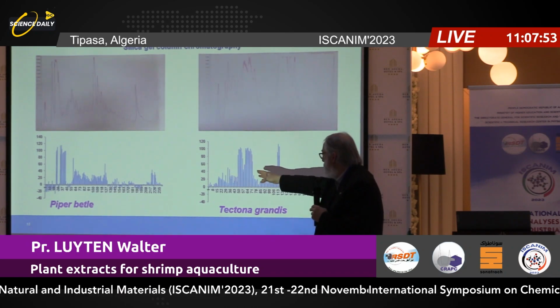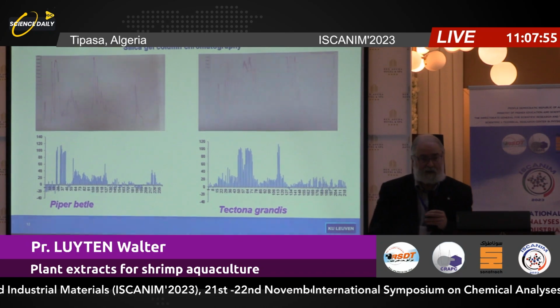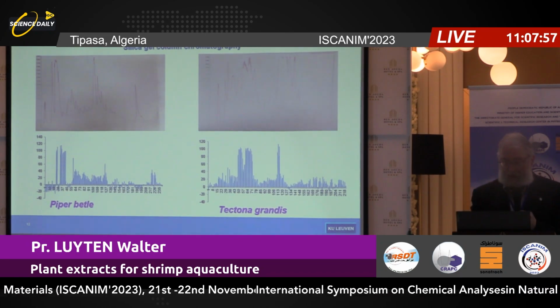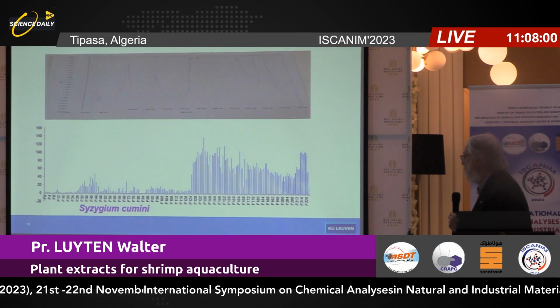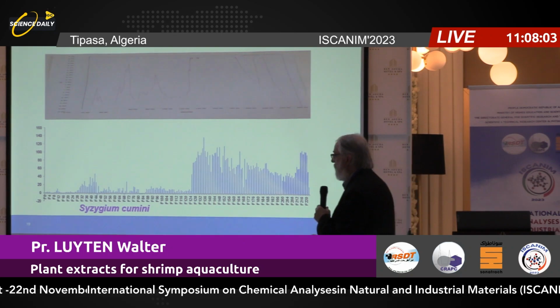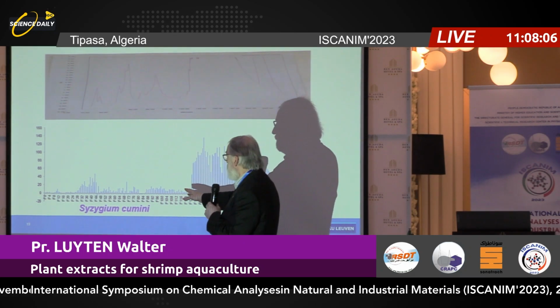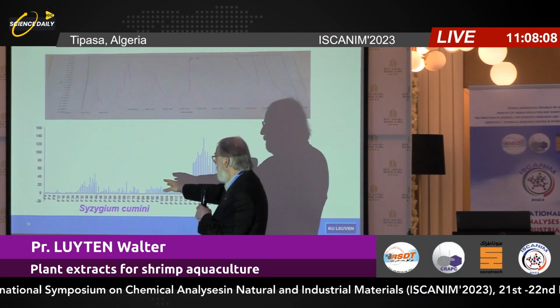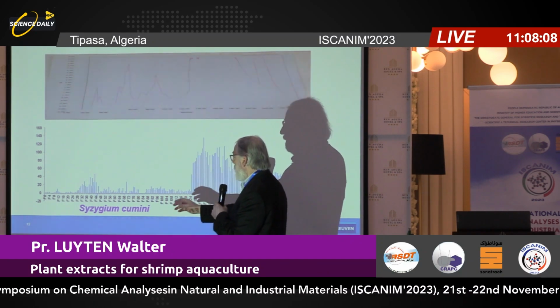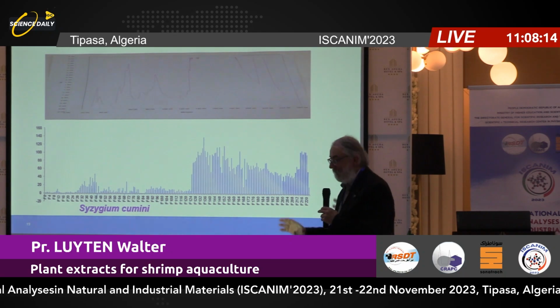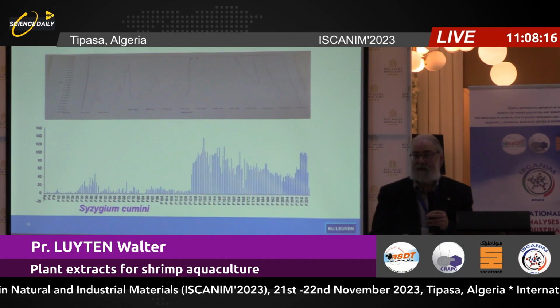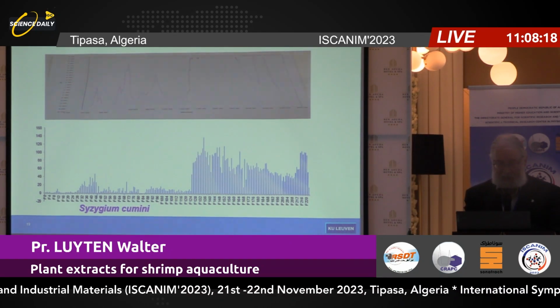And this is the result from the third plant, Syzygium cumini, where you see that most of the activity does not appear early in the column when we elute with relatively apolar solvents, but starts to appear rather later when we elute with more polar solvents.